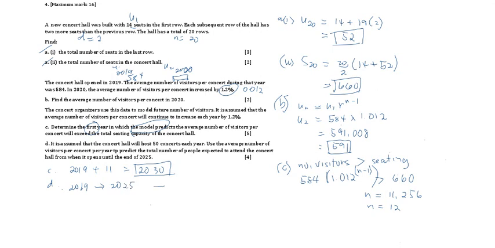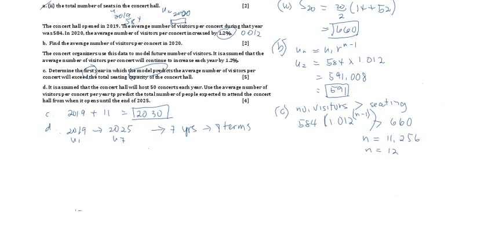So that's equal to 7 years or 7 terms, right? So if this is your u sub 1, this is your u sub 7. So what we can do here is get the sum of the 7 terms, and then multiply that by 50, because there are 50 concerts per year.